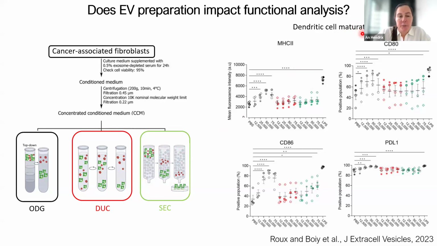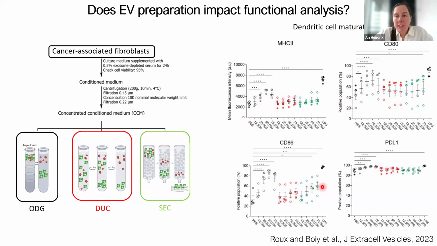We observed that only the extracellular vesicles that were retrieved with the density-based method increased the maturation of dendritic cells, in contrast to the size-based methods.